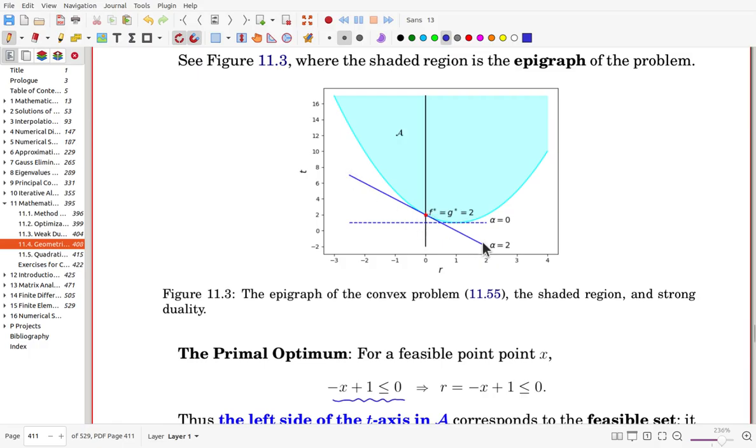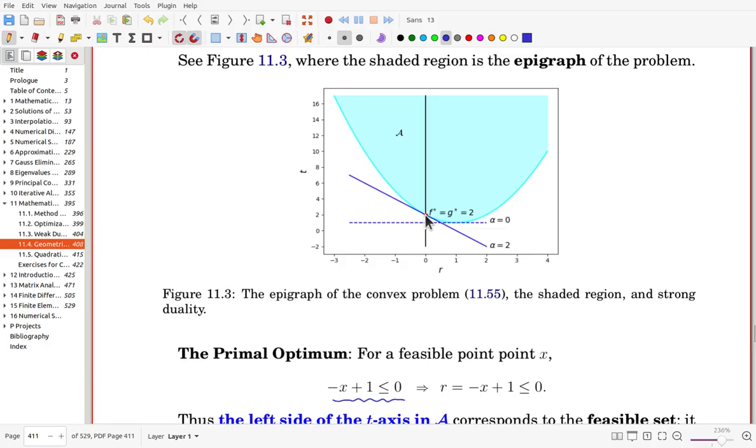Okay. Now, there's a maximum possible among all these supporting lines. The maximum on t-axis is exactly this point. You can find the tangent line, so that it becomes a tangent line at the point.